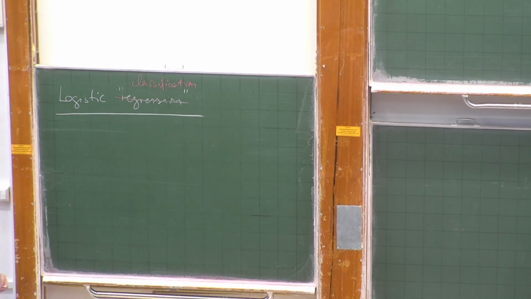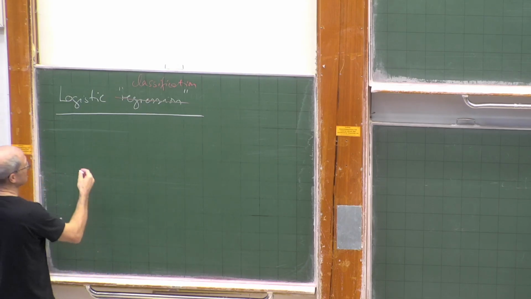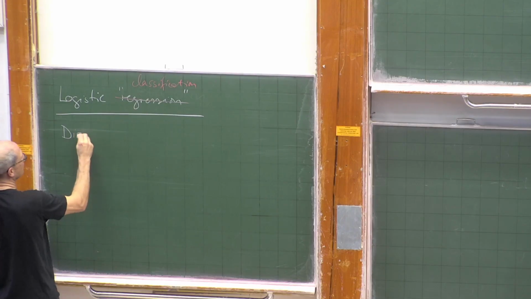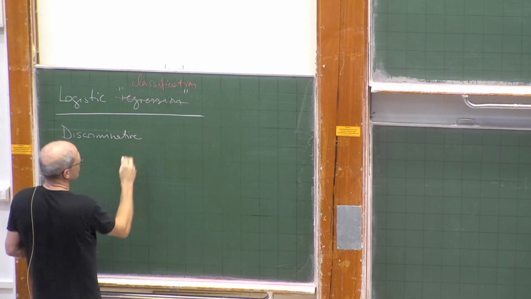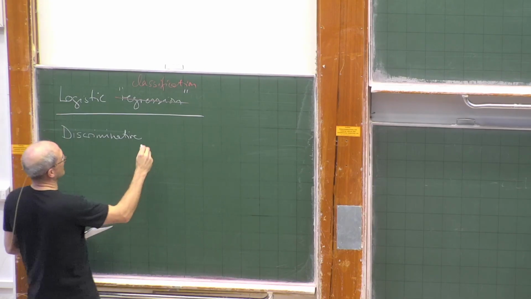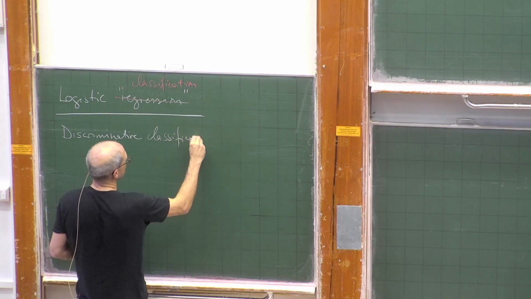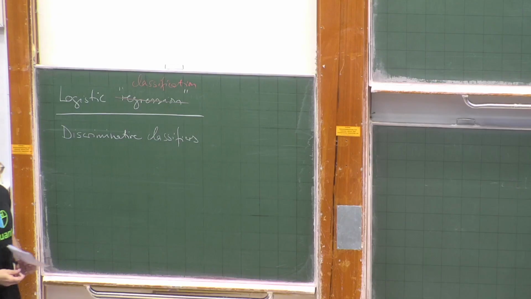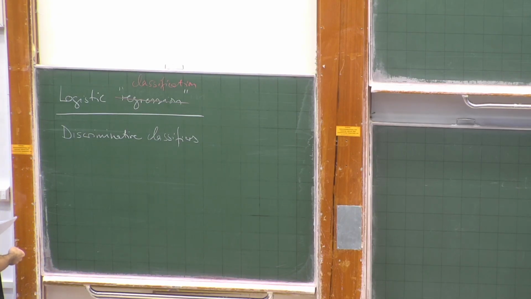So it is a classification method, and it belongs to this class of discriminative classifiers. We look at the left-hand side of Bayes' theorem, and we directly try and estimate the posterior probability of one class given our features without modeling the class densities themselves.